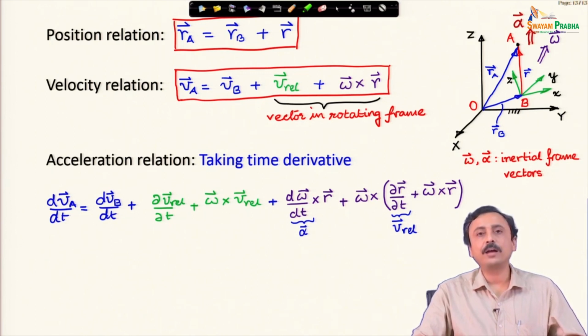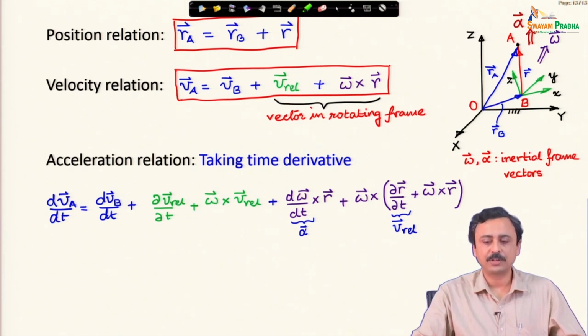And similarly for omega cross r, which is the frame derivative vector, we have the same prescription. Only thing, d omega dt is alpha as measured by the inertial observer, cross r, and then omega cross d dt of r is del r del t plus omega cross r, same prescription. This is the rate of change of the r vector as seen by the inertial observer.